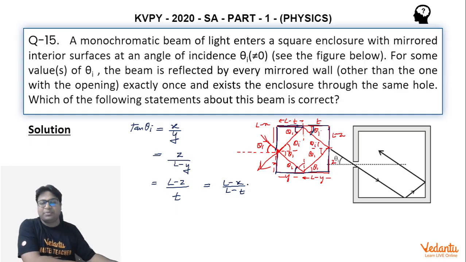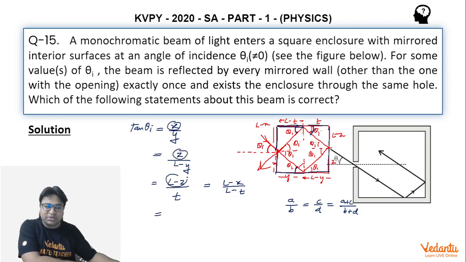Now there is a property of ratio and proportion that if A by B is equal to C by D, then the same ratio can be written as A plus C upon B plus D also. So let's use this property. Using this property, I can add all the numerators here, and notice what you are going to get.